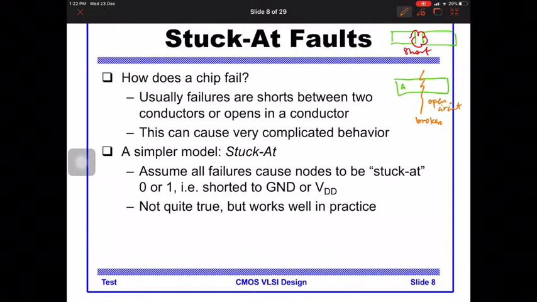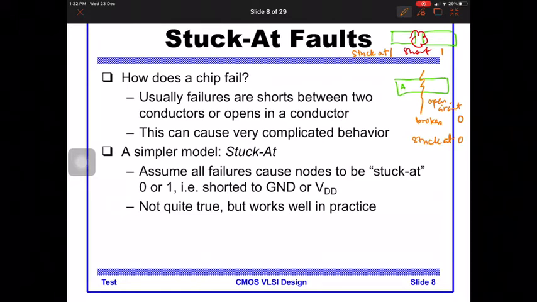So they only model to simplify the complexity of testing. They can model it as a short, which is a high, and an open circuit, which is a low. So they model the short as a stuck at 1, and the open circuit as a stuck at 0.